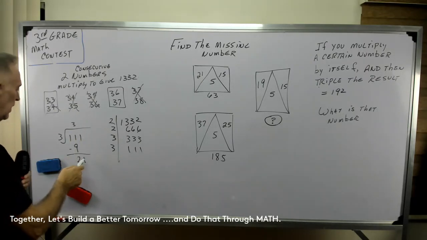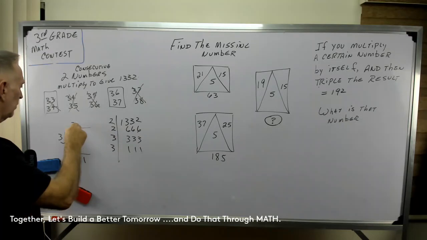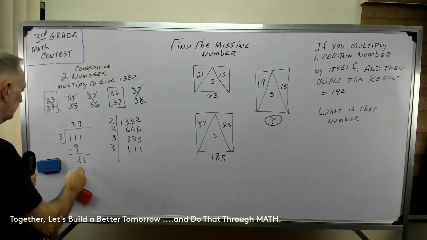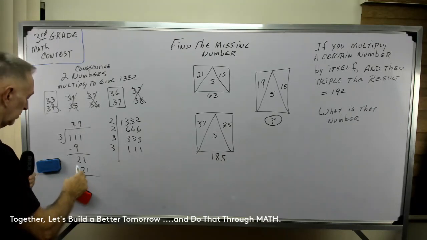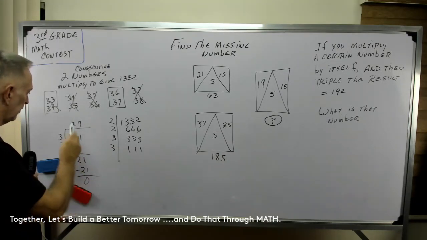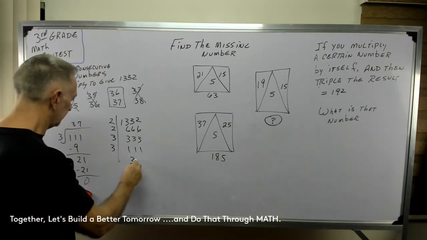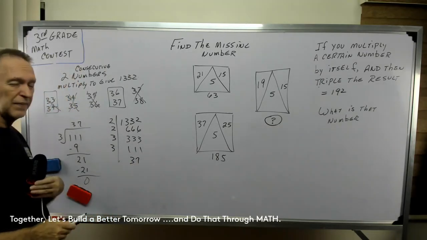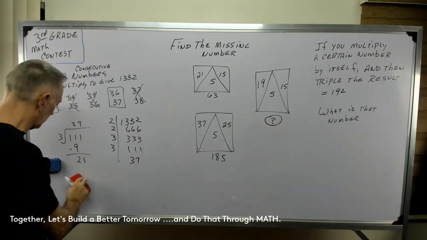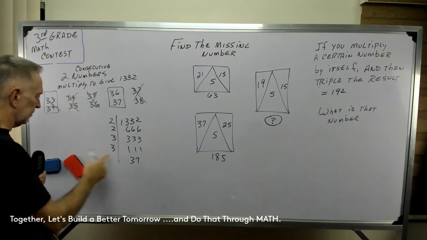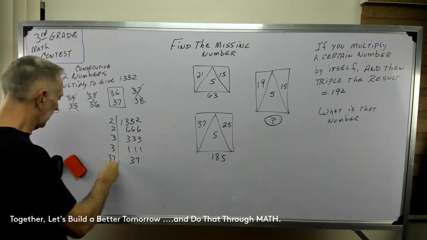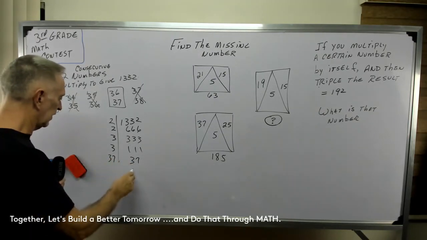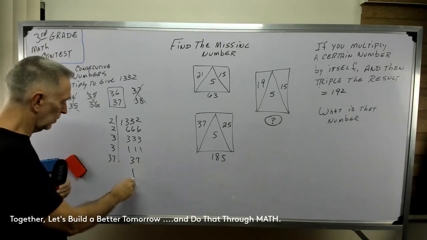Hey, this works out. 3 will go into 21 7 times. 7 times 3 is 21. 21 minus 21 is 0. So this is 37. Well, I think 37 is a prime number. So I'm going to divide 37 by 37.